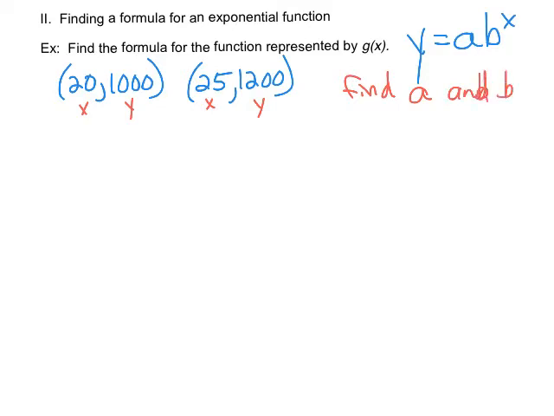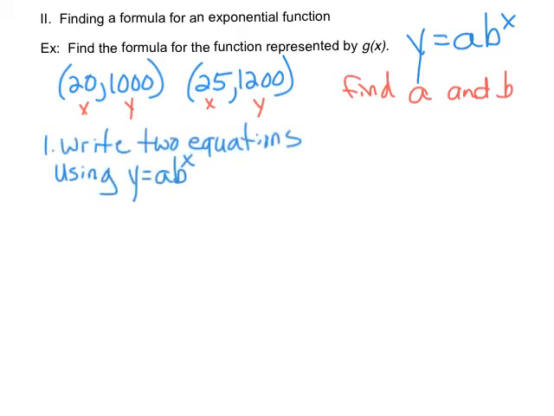We actually have to solve a system of equations to make this work, but we can't solve it linearly because these are exponential equations. So I'm going to walk you through the steps to do this. The first step is you're going to set up two equations, using your two coordinates.